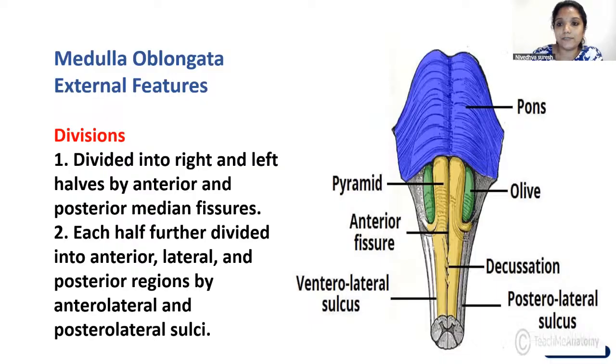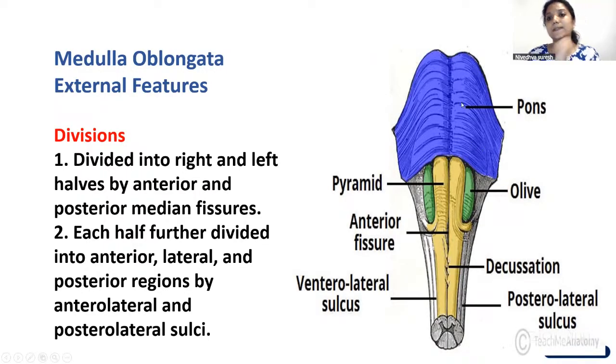So coming to the external features, as I already told, this is the median fissure. We have the anterior median fissure and the posterior median fissure on the posterior side. The anterior surface is also known as the ventral surface, and the posterior surface is also called the dorsal surface. There is a lateral surface also.